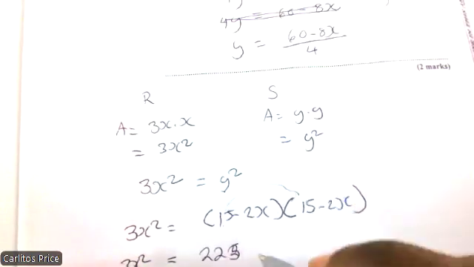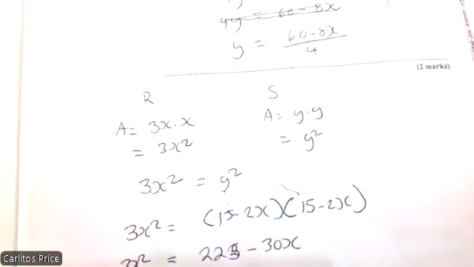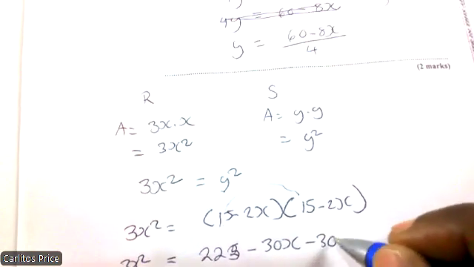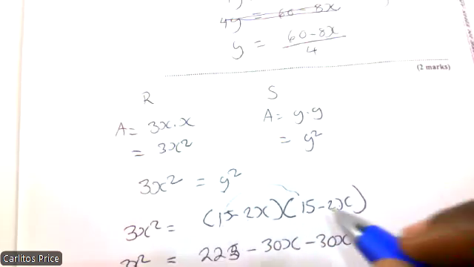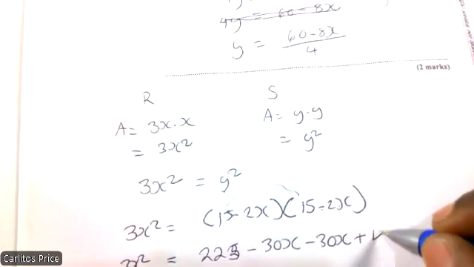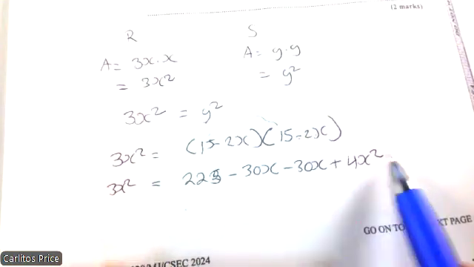Then 15 times negative 2x is minus 30x. Then we do the same process with the negative 2x: negative 2x times 15 is negative 30x. Negative 2x times negative 2x is positive 4x squared. So here we go. Now we only have x's, and that's exactly what we wanted.